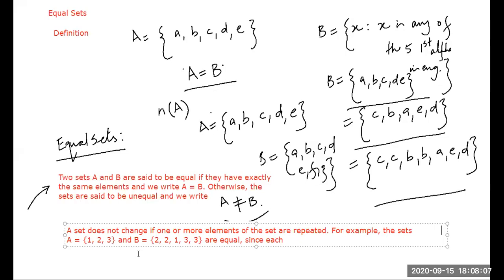For example, the sets A = {1, 2, 3} and B = {2, 2, 1, 3, 3} are equal sets. And why? What's the reason? The reason is that the elements of A and B are the same in each, so we can say that these sets are equal.